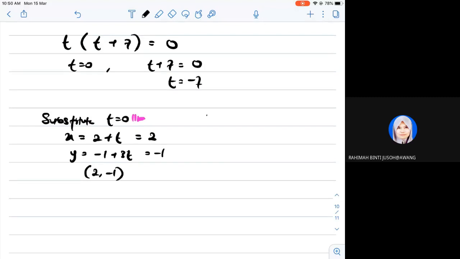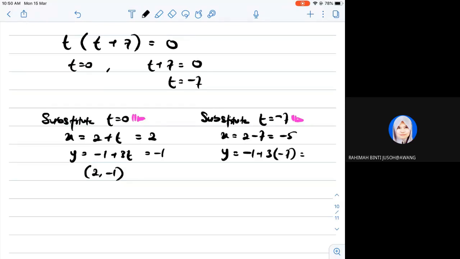And then substitute t equals negative 7. We will have x equals 2 minus 7, so negative 5, and then y equals negative 1 plus 3 times negative 7. So we will have negative 22, isn't it?